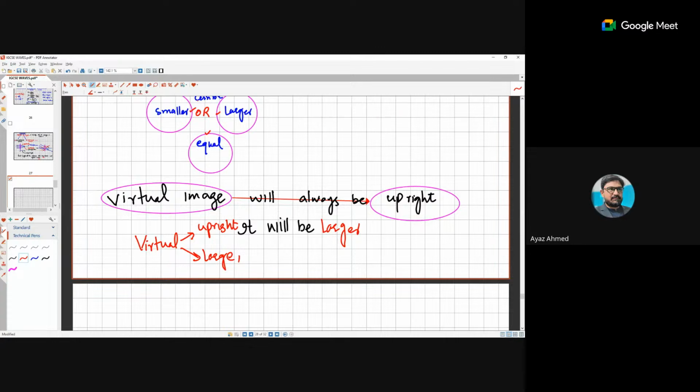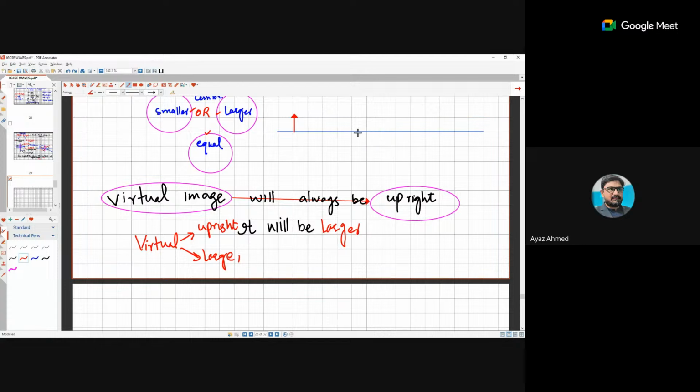So how will you distinguish between smaller and larger images? This is an object, and this arrow is just a rough sketch, don't worry.